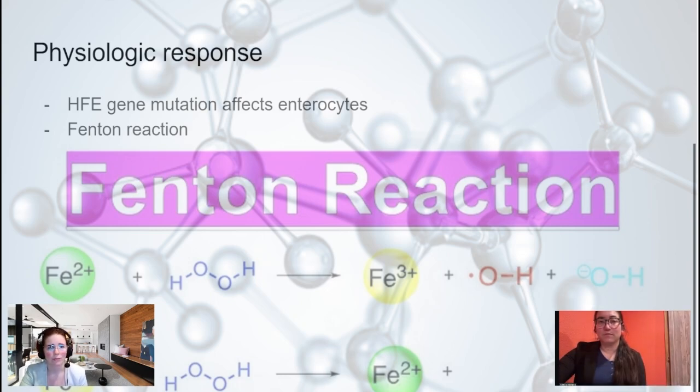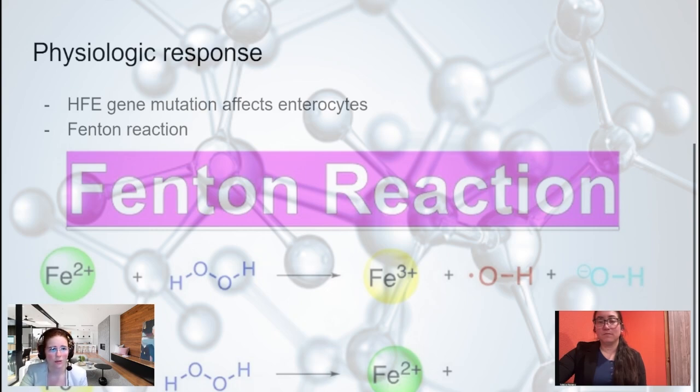Iron overload is compounded in patients with hemochromatosis due to the way that iron reacts in the body. Iron causes free radicals through what is called the Fenton reaction, which you can see below, which occurs as iron molecules are oxidized. In this reaction, hydroxyl and hydroxide radicals are created, and since the byproduct of this reaction is hydrogen peroxide and iron, it creates a negative feedback loop of free radicals and iron in the body, which causes damage.